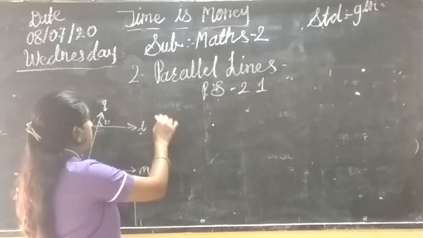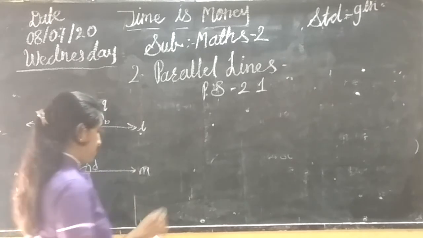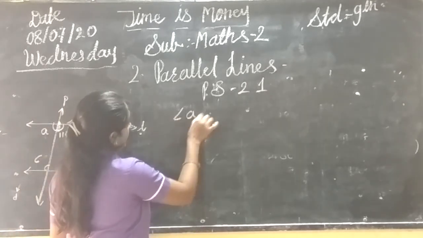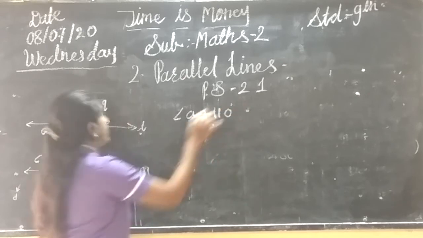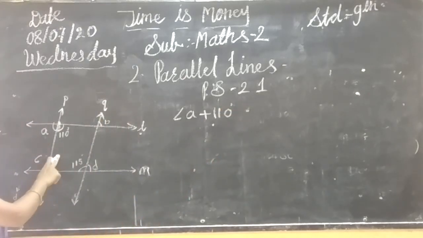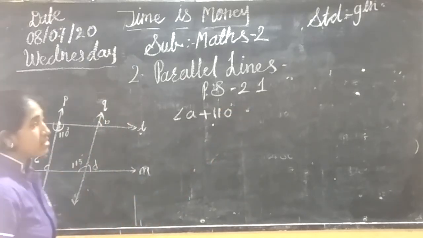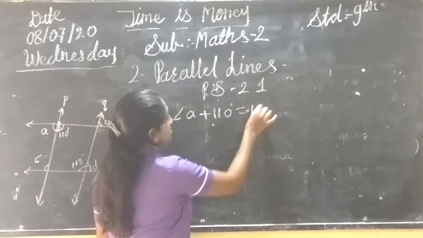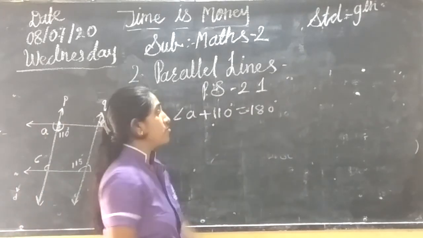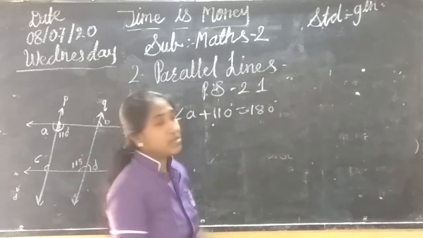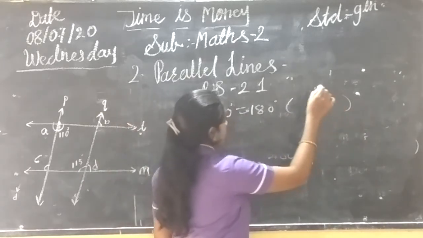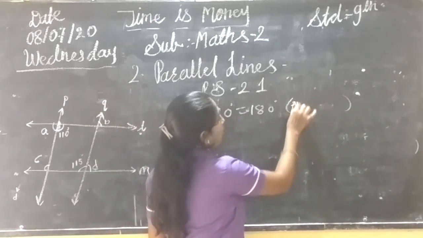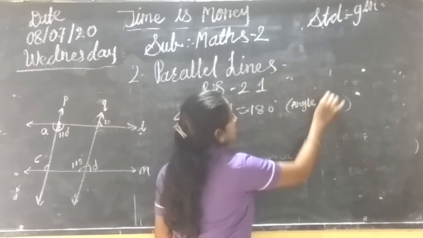But how do we have to write these steps? The angle A plus 110. Here the name is not given for the angle, so we can directly write the measurement. And what is the total? 180 degree. We have to write the reason in this bracket: the angles of a linear pair.